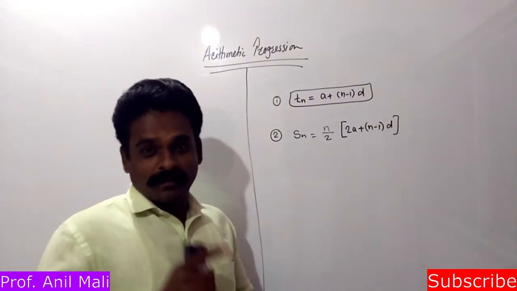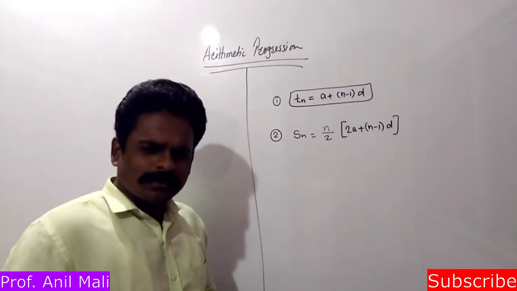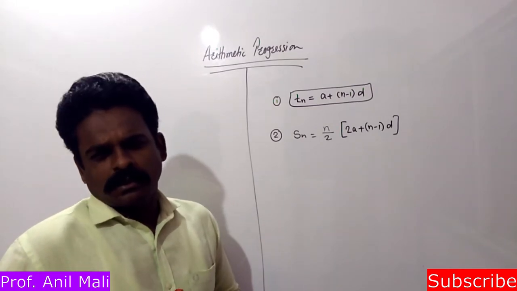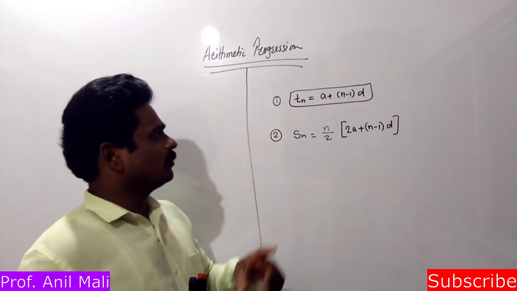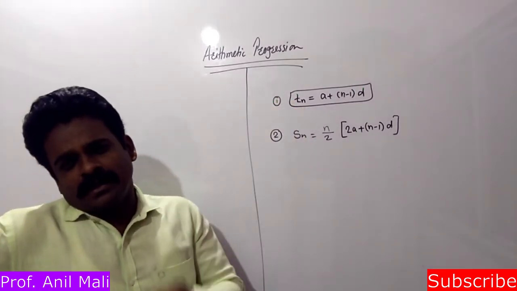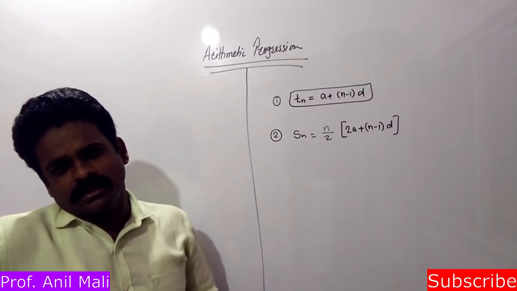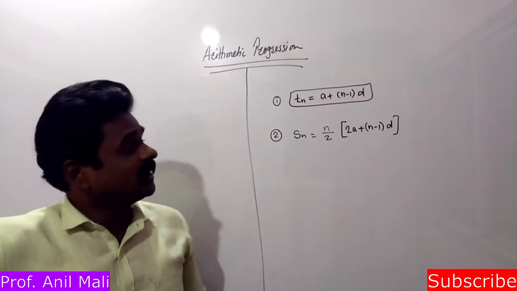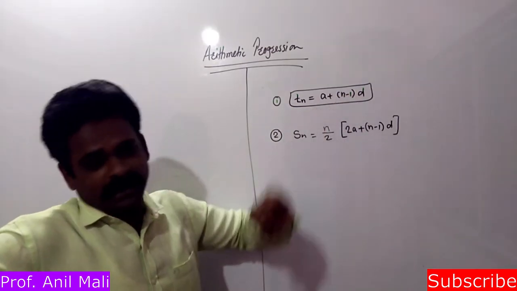Today we will discuss the next part of this chapter, arithmetic progression. Now, if you consider the part which we have covered till now, only two concepts were important: the nth term in a given arithmetic progression. The formula for finding the nth term in a given arithmetic progression was Tn is equal to a plus n minus 1 into d.